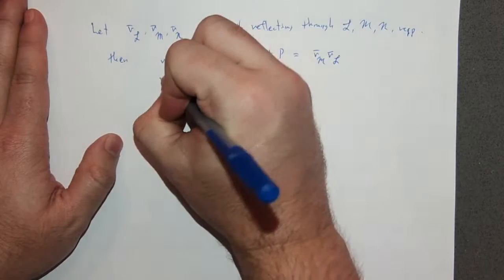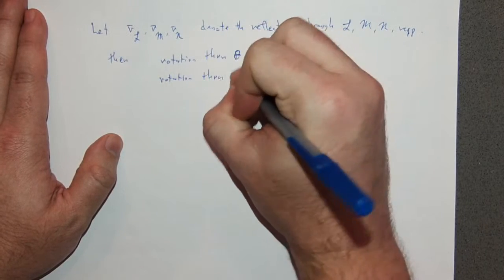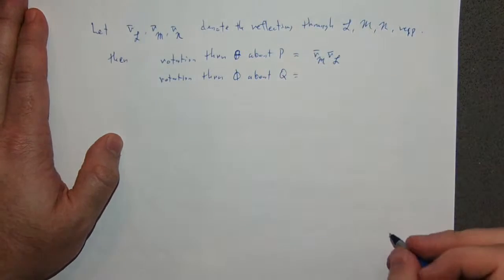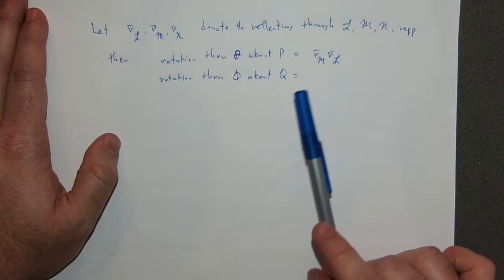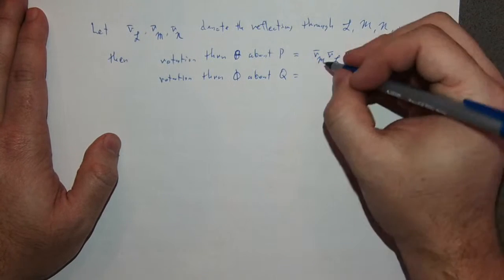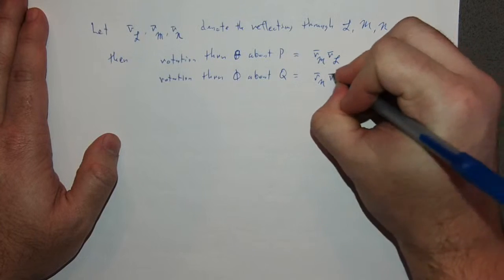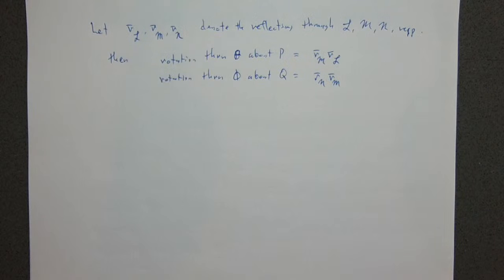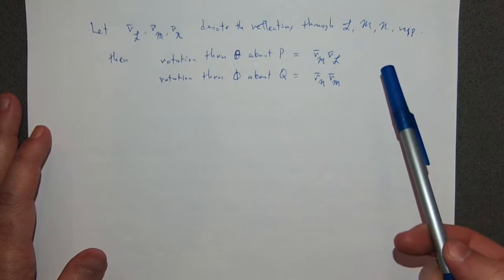Okay, and rotation through phi about the point Q is M is the first one and N is the second. And so written left to right, this is R bar N times R bar M. So remember the occurrence here, this is function composition, right?